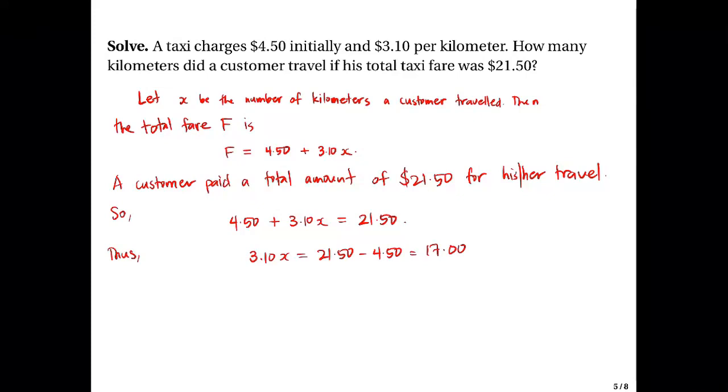Therefore, x will be 17 divided by 3.10. So this is approximately equal to 5.484.